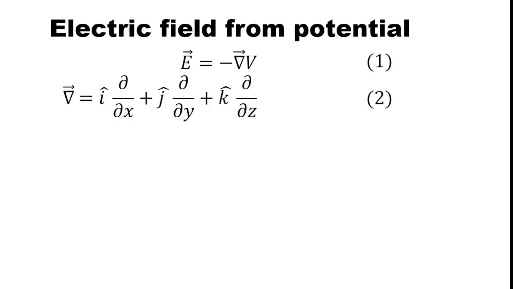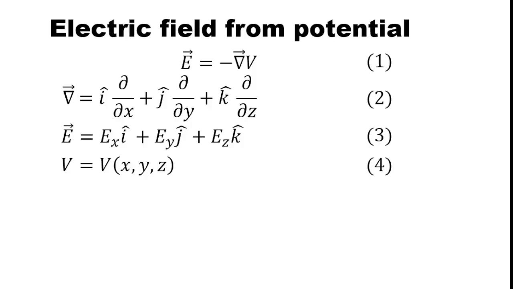Now we define a three-dimensional electric field vector and potential function as shown in equations 3 and 4. In equation 3, Ex, Ey, Ez are the components of electric field along the x, y and z direction respectively.